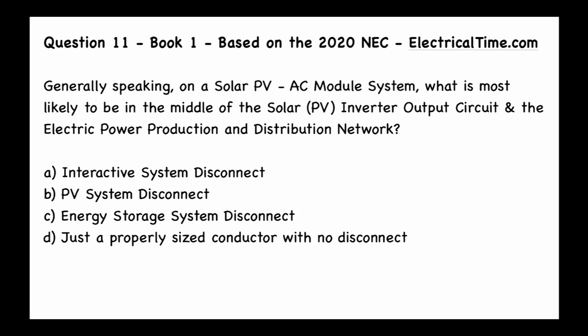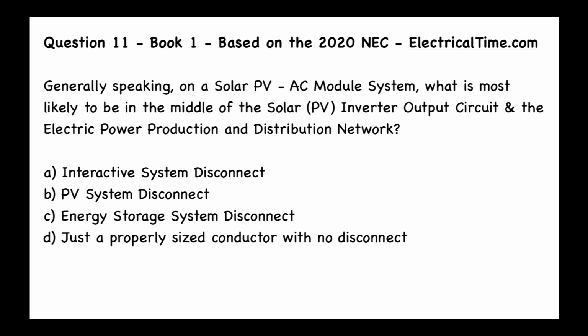This is question 11 from Book 1 based on the 2020 NEC by electricaltime.com. Generally speaking, on a solar PV AC module system, what is most likely to be in the middle of the solar PV inverter output circuit and the electric power production and distribution network?